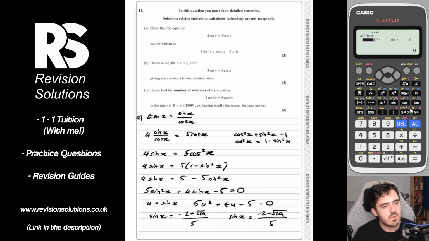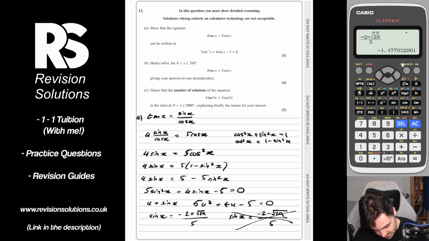If I actually type in minus 2 minus root 29 over 5, that's minus 1.477. So the important thing there is it's smaller than minus 1. So that's not a valid solution for sine x because it only goes between minus 1 and 1. So we can actually ignore that.